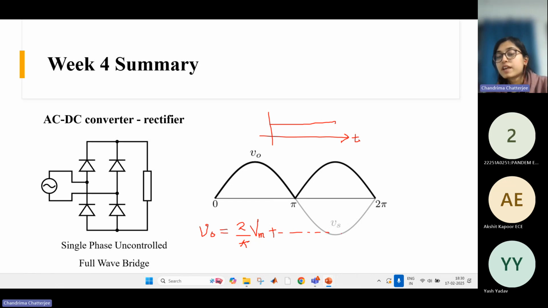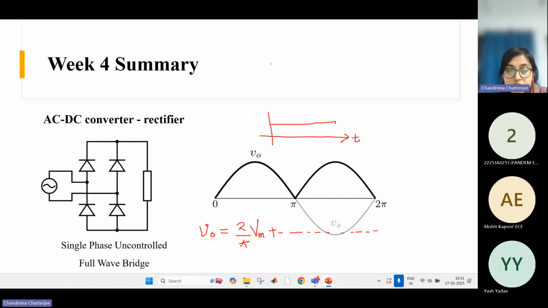What is a Fourier series? We can represent a signal in terms of its DC value and also some sine and cosine terms of the fundamental frequency and multiples of the fundamental frequency, like 2 times, thrice, 4 times the fundamental. Here the fundamental frequency is 50 hertz.